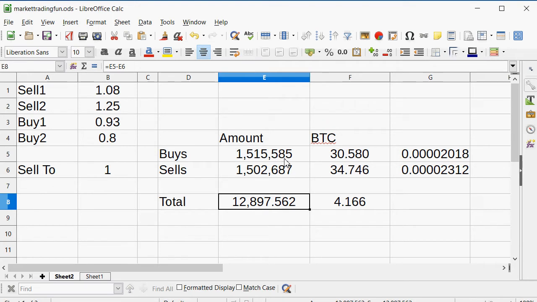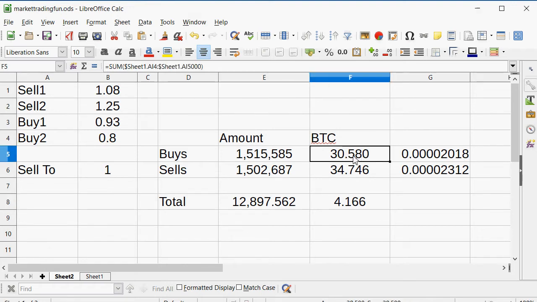So basically, you're just in and out selling all the time. Buying, costing 30.58 Bitcoin, you would be selling for 34.746. I'm using a 1/5 of 1% rake, or 0.002 as a decimal.